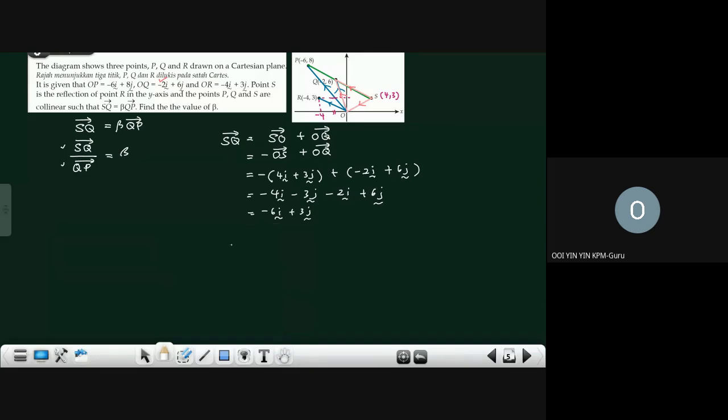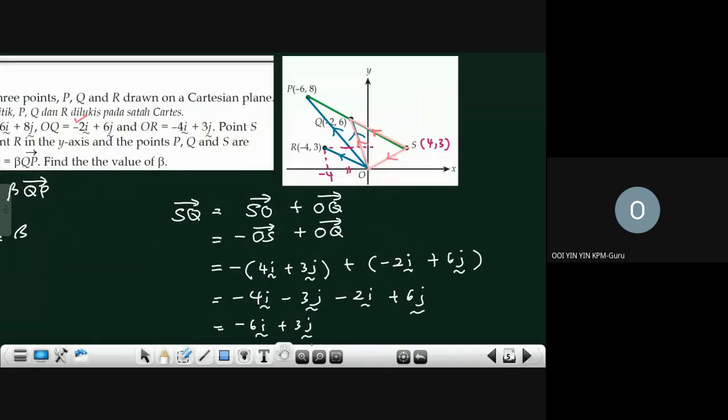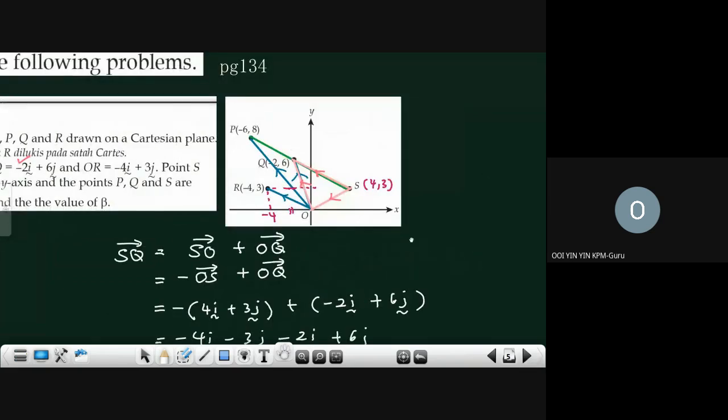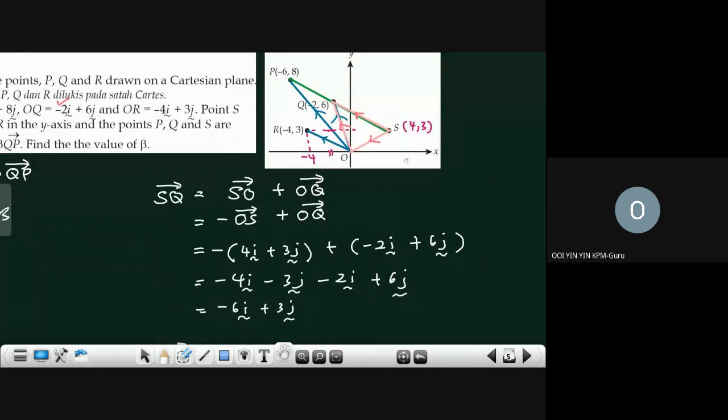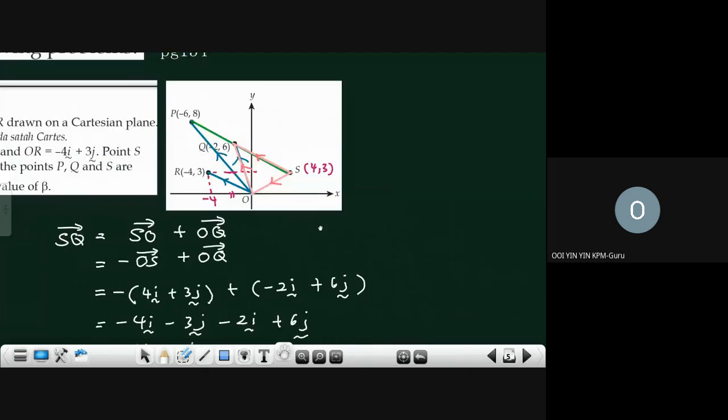Okay, now QB, how to find QB? Look at the diagram, 来看看研究 diagram. 大家放大一点了不然看不到. Okay, we want QB, so we find where is our QB.